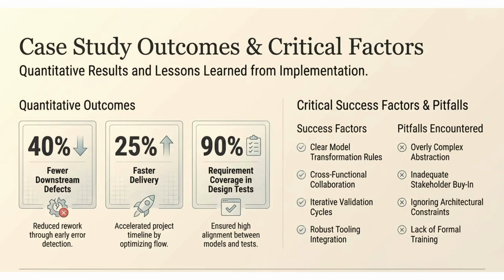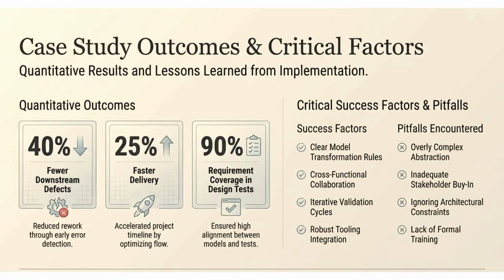So this also has some set of success factors and pitfalls. The success factor is that when you have a clear idea of how to transform from requirements to design, it is good, but sometimes it is overly abstracted, okay, which will hinder the performance. So you need a clear model transformation rule.